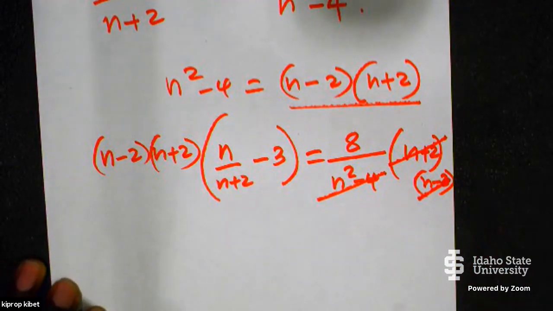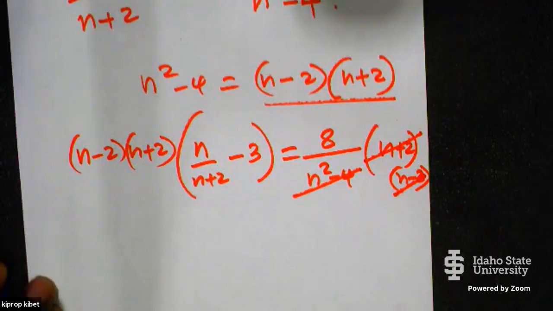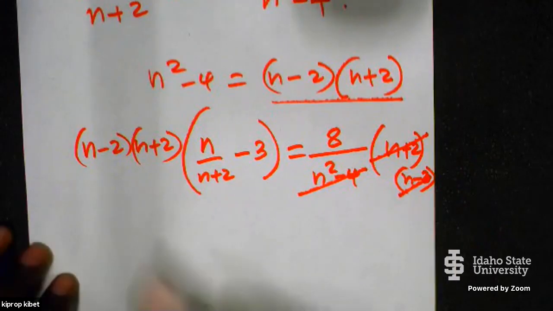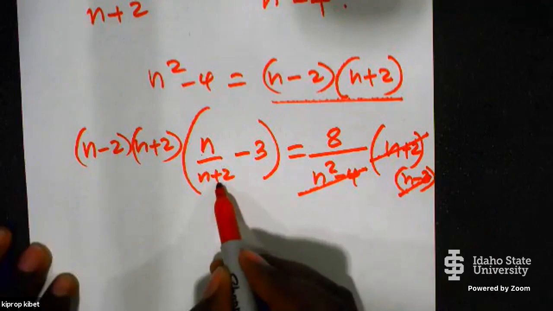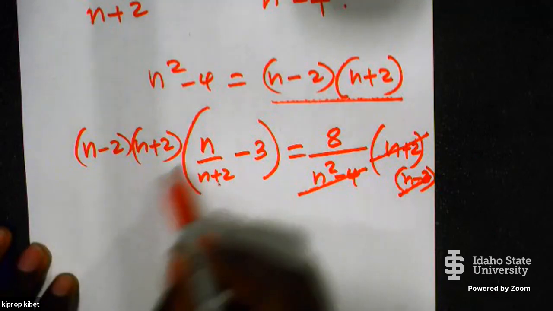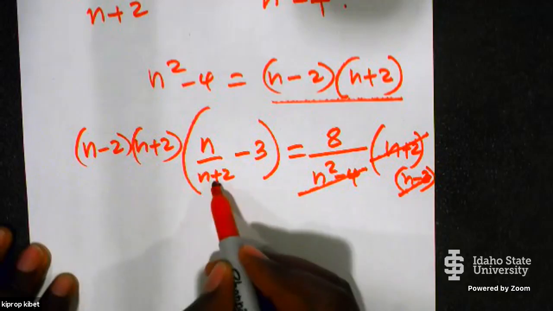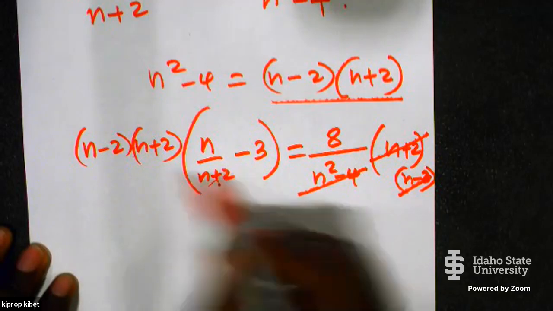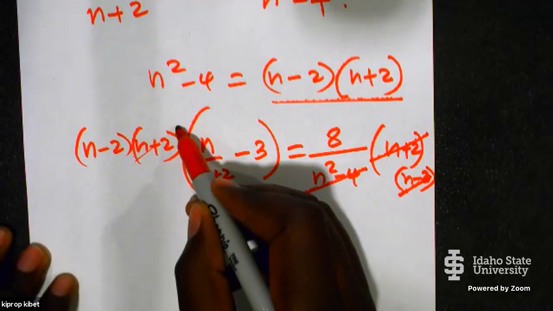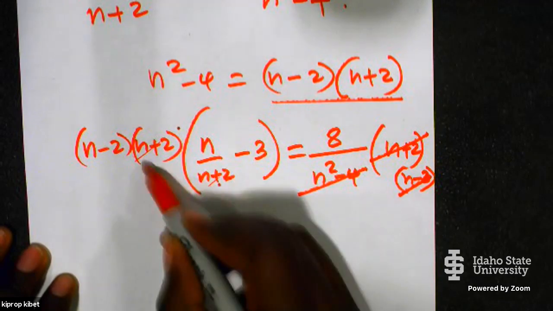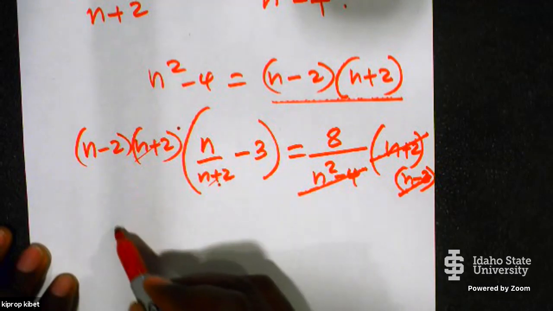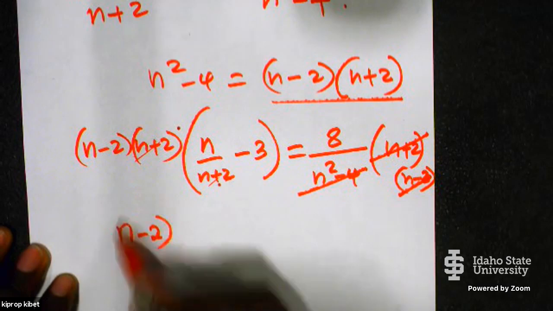Because they are the same. Then here, when you open these brackets, because we multiply, this is subtraction. The n plus 2 will cancel with the n plus 2 there.